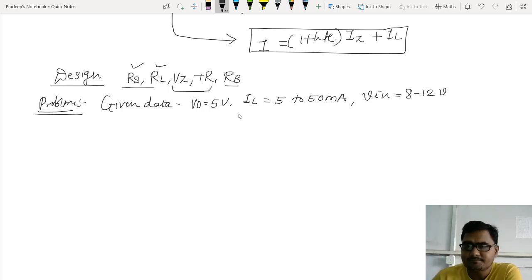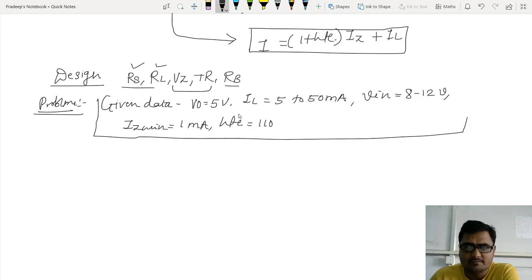Apart from that, a few transistor parameters are given and one Zener parameter is also given. The given Zener parameter is IZ minimum, which is given as 1 milliampere, and HFE of the transistor is specified, which is 110. So this is the given data for us, and we have to design the transistor shunt regulator.